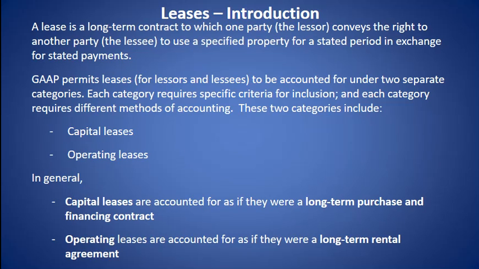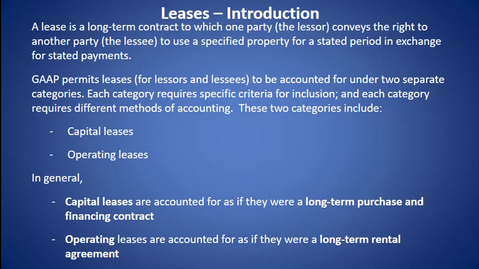And the FASB back in the late 70s created generally accepted accounting principles, or GAAP, regarding the accounting for leases, because leases were a very much abused form of accounting prior to the FASB pronouncements.